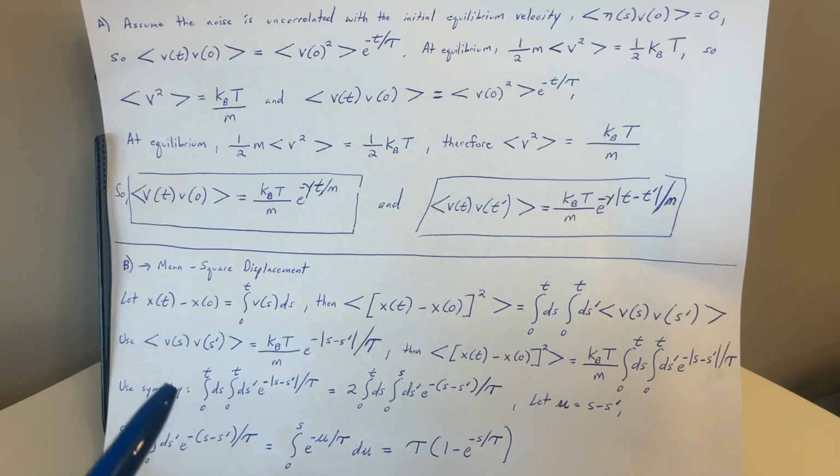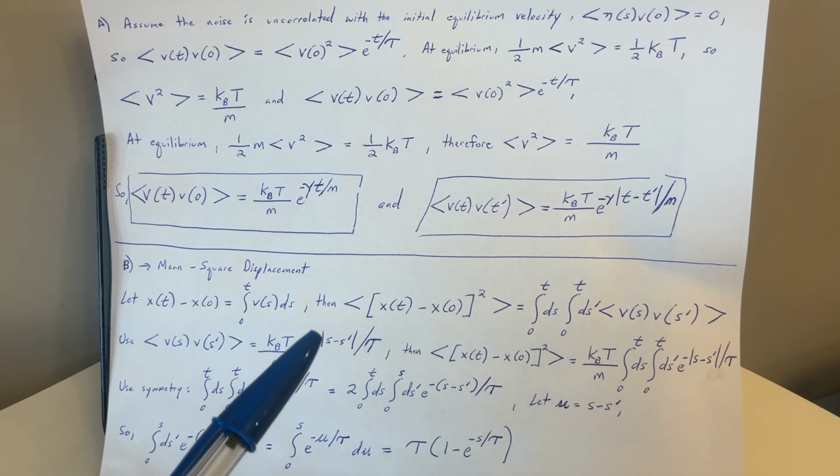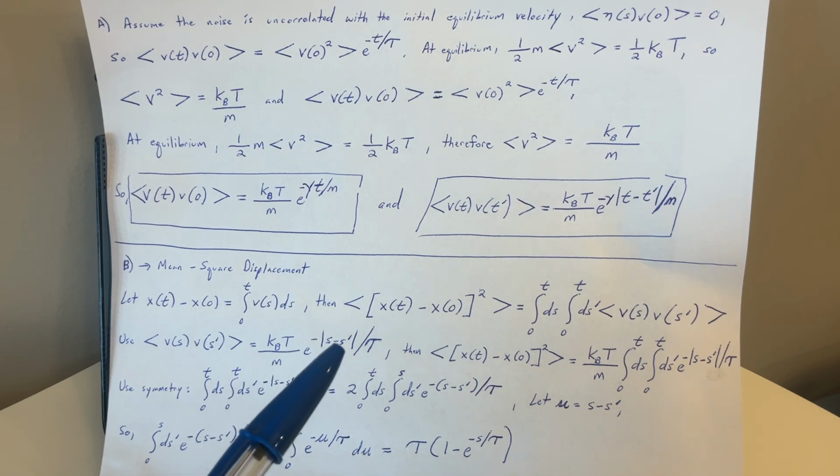We're going to set the expectation value of v of s, v of s prime equal to k sub B T over m, e to the negative absolute value of s minus s prime over tau.